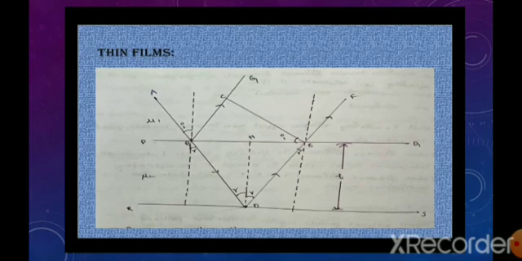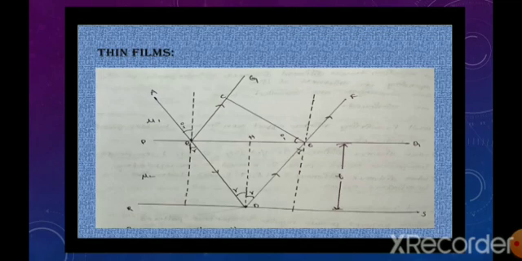Thin films. In this diagram, PQRS is a thin film. AB is an incident ray on PQ, the first surface. Mu1 is the refractive index of air, mu2 is the refractive index of the glass. BD is the refracted ray and BC is the reflected ray.